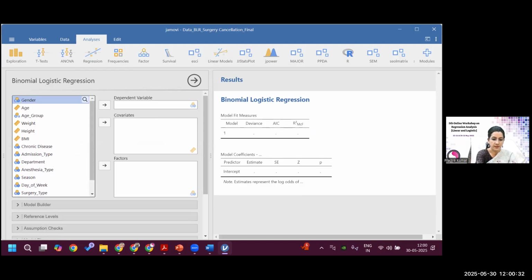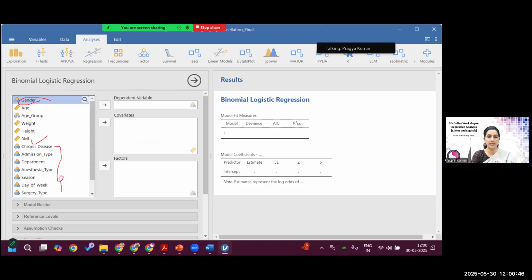The way we have learned, you select the variables based on literature review and clinical experience. So gender, age, BMI, and then all these categorical variables like presence or absence of chronic disease, and admission type. Admission type was OPD versus IPD.